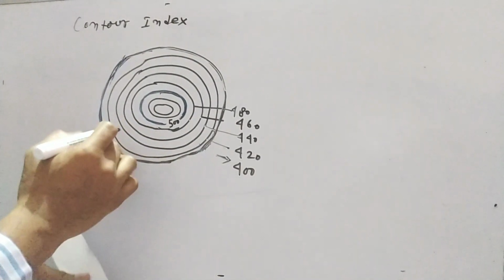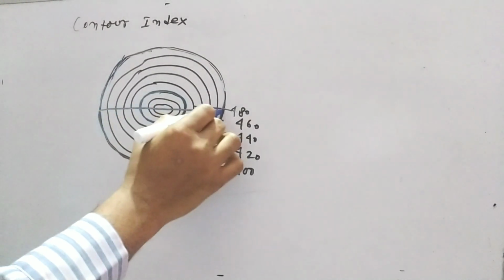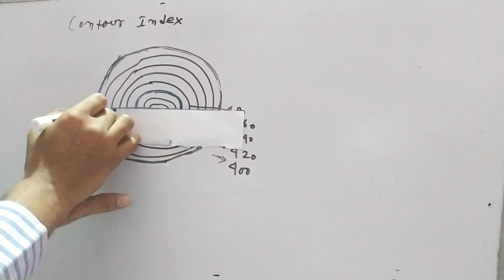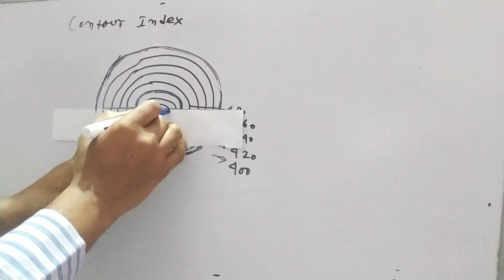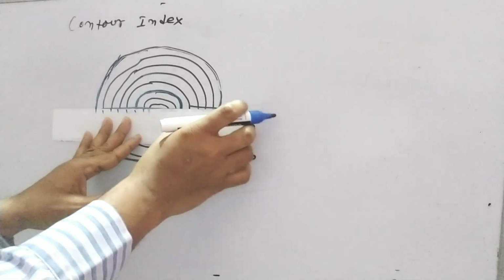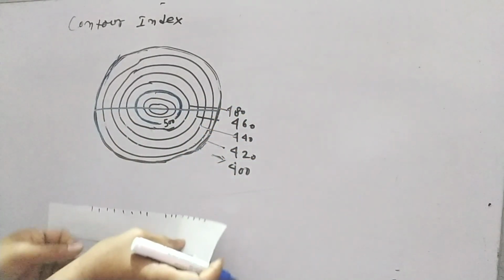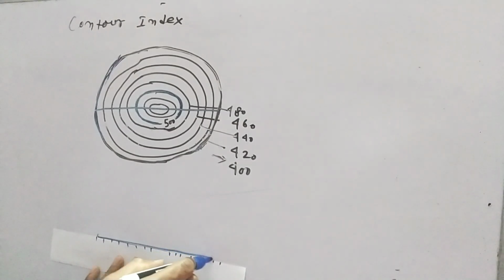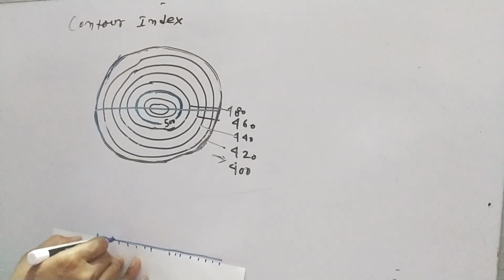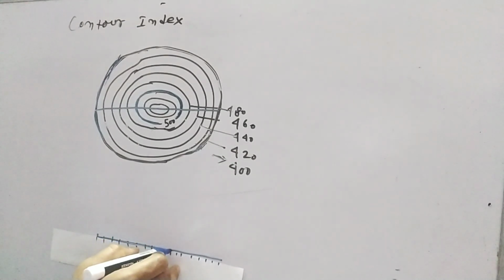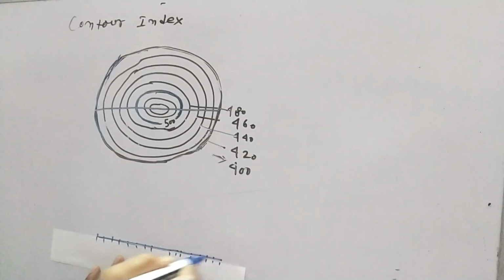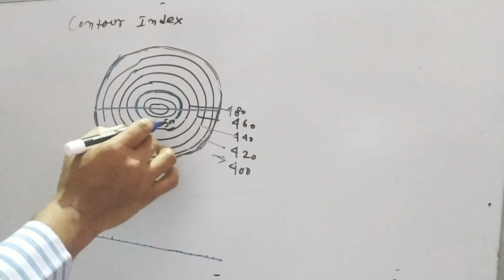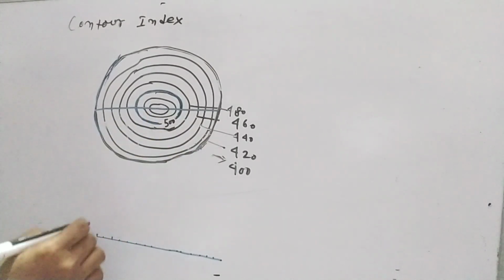Suppose, like this one, take a paper strip and mark the points which intersect this line, and now draw a line and mark the points. Next, the highest value, suppose this is 500, 520 and 540.